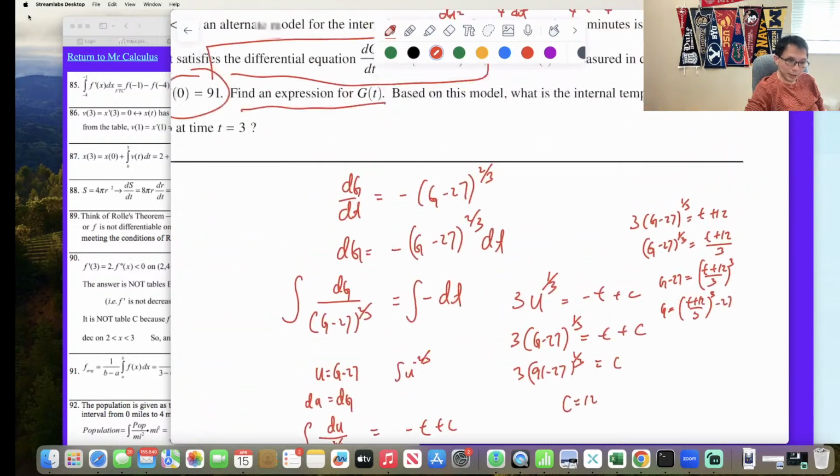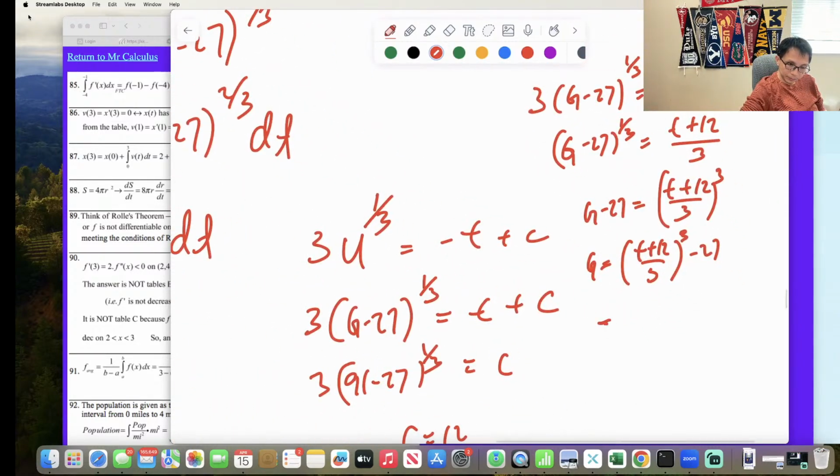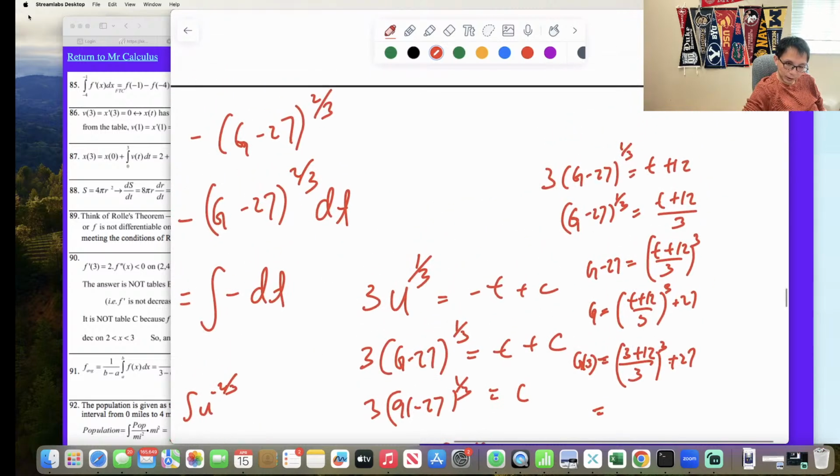Now, what do they say? They want to find t equal to 3, right? So plus 27. Okay. So (3 plus 12) over 3 to the 3rd plus 27, g of 3. And that's... Mr., isn't that t supposed to be negative? T is supposed to be negative. Oh, you're right.